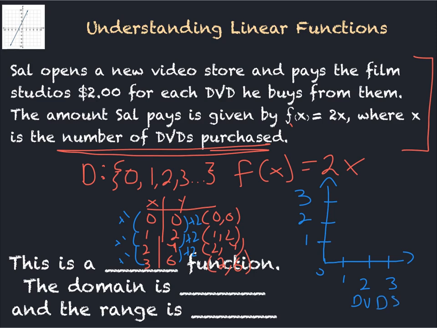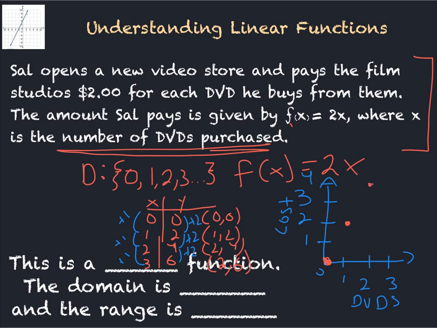Whereas this would be cost. So at 0, his cost is obviously going to be 0. Let me do this with another color. And that's our first ordered pair, 0, 0. At 1, his cost is going to be $2. At 2, his cost is going to be $4, which, let me add a 4 here.